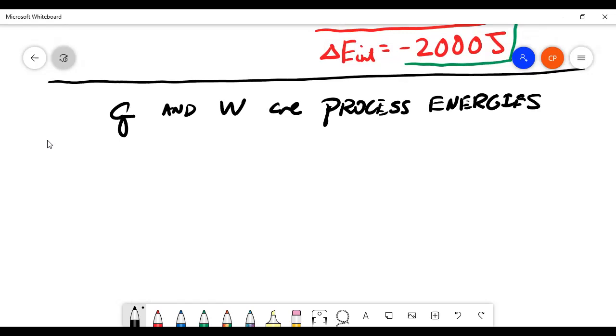Process energies are properties of a transition in a system, properties of a process taking energy from one place to another.